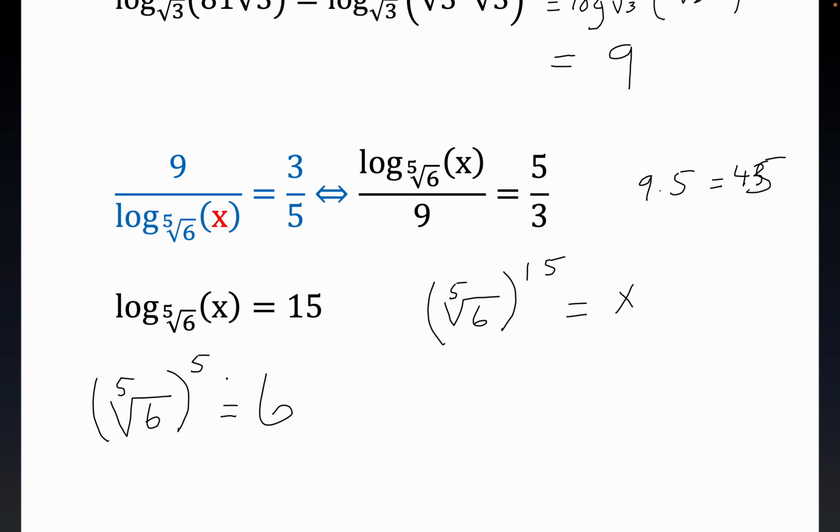And so we can see that this would result in the very same thing as 6 cubed. If you cube both sides of this, this is legitimate right here, right? So this would be 6 cubed, which is equal to x, which is equal to 216.